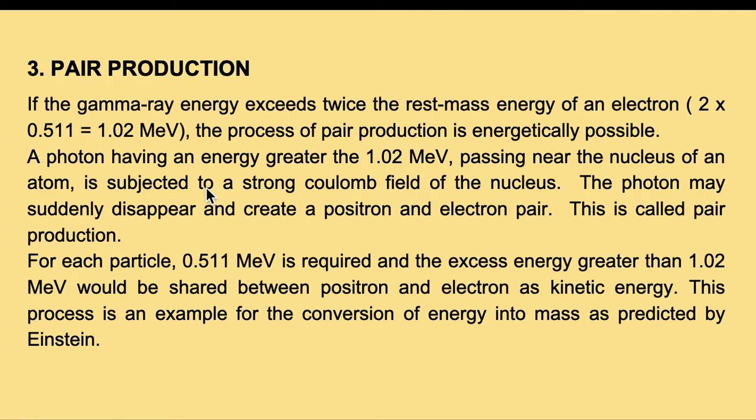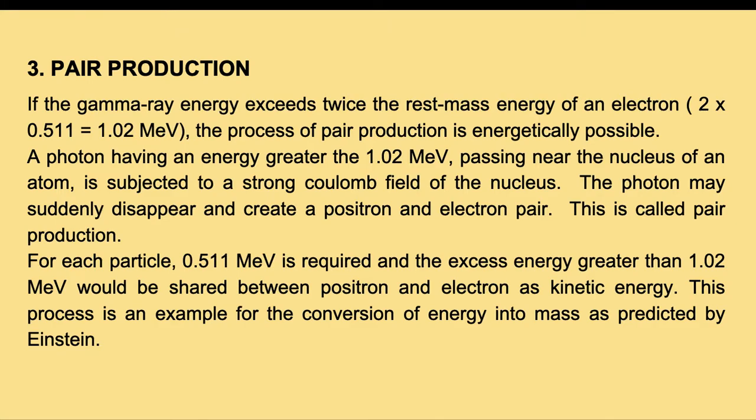So a photon having an energy greater than 1.02 MeV passing near the nucleus of an atom is subjected to a strong Coulomb field of the nucleus. And the photon may suddenly disappear. This photon is the exchange particle in the electromagnetic field, so your Coulomb force is a type of electromagnetic field. So the photon may suddenly disappear and create a positron and electron pair, and this is called pair production.